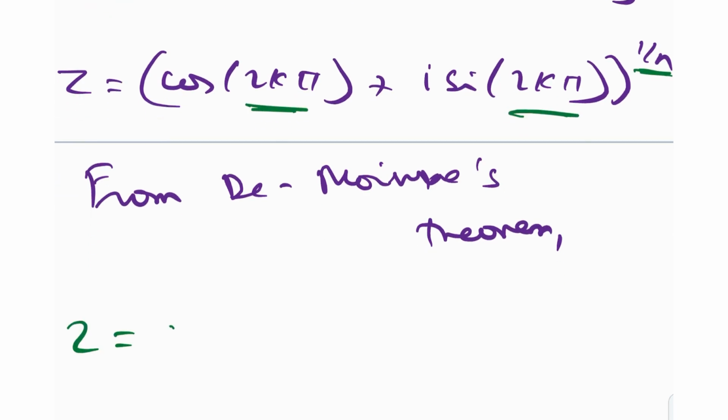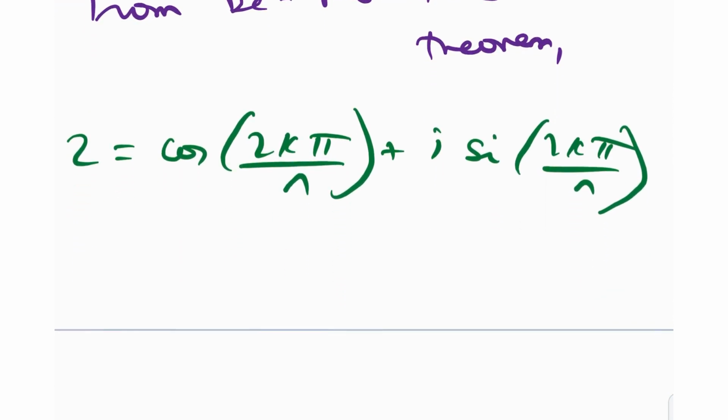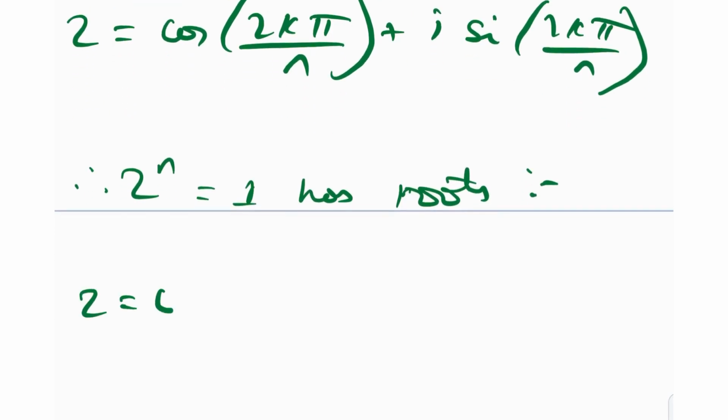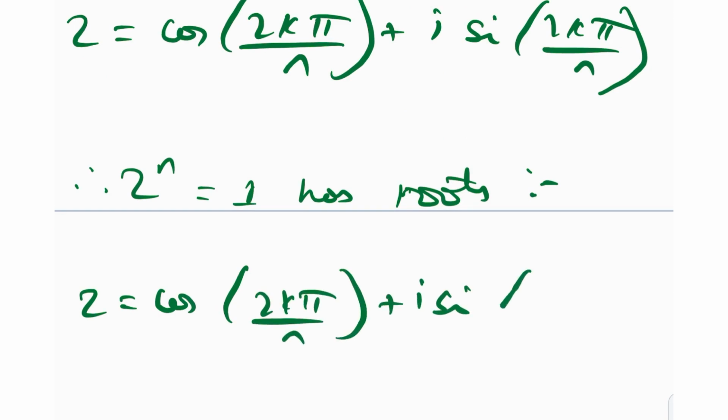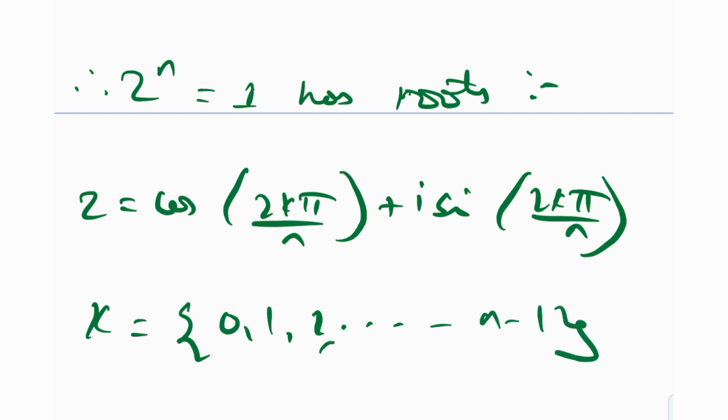So z becomes cosine 2k pi by n plus i sine 2k pi by n, essentially applying De Moivre's theorem. Therefore, z raised to the power n equal to 1 has roots that look like z equal to cosine 2k pi by n plus i sine 2k pi by n, where k runs from 0, 1, 2 all the way up to n minus 1.